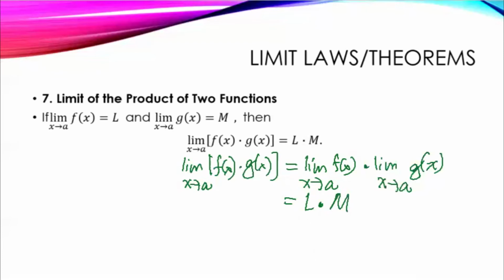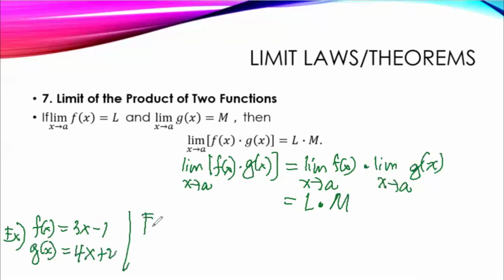Okay? So for the example, if f of x is equal to 3x minus 1, and g of x is equal to 4x plus 2, find the limit of the product of f of x times g of x as x approaches 2.